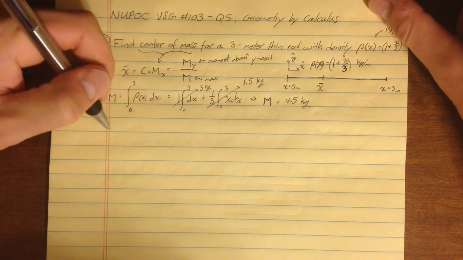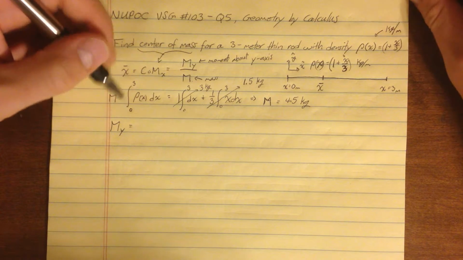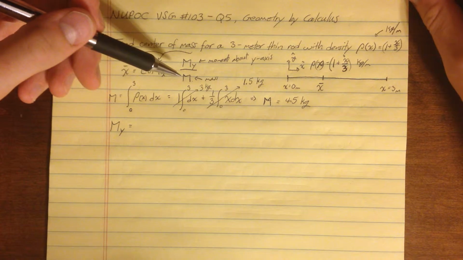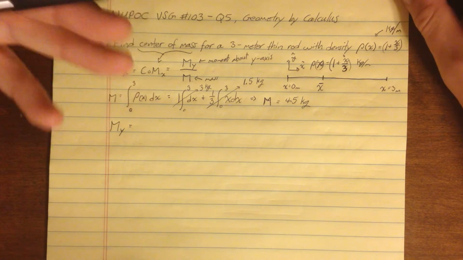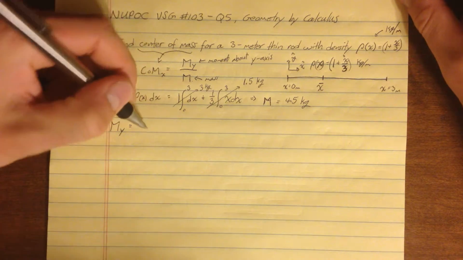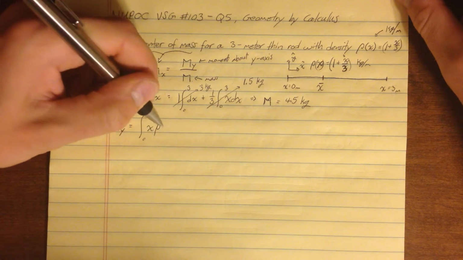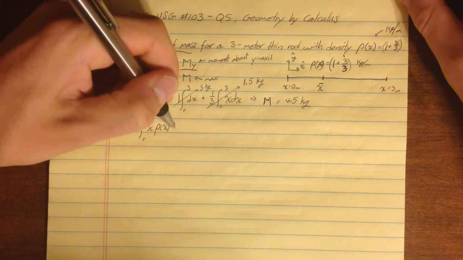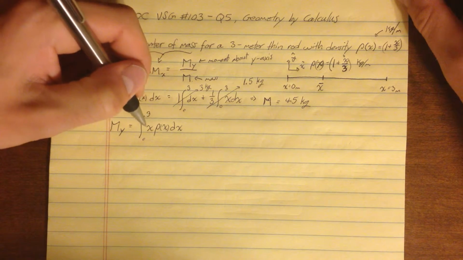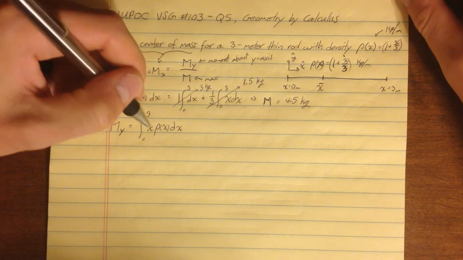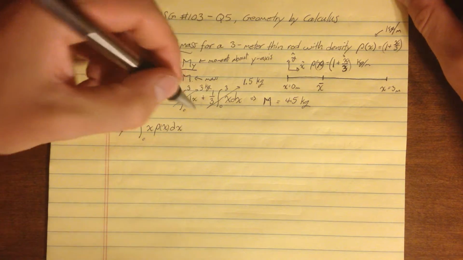Now what's the moment about the y-axis? Well, for that, all we do is add an x-coordinate in front of our density function rho of x, and then perform the same integration. So this will be 0 to 3 of x rho of x dx. So this x is going to get distributed into each term of the density function.